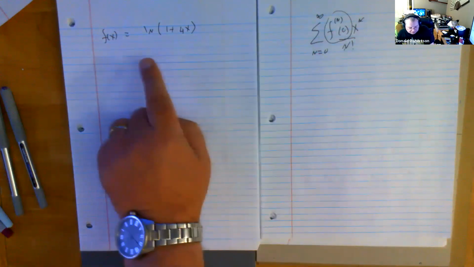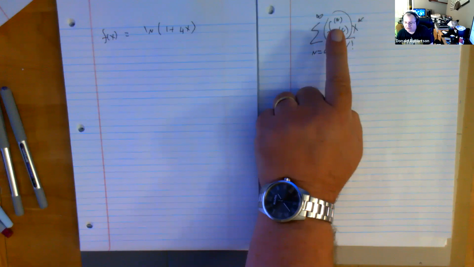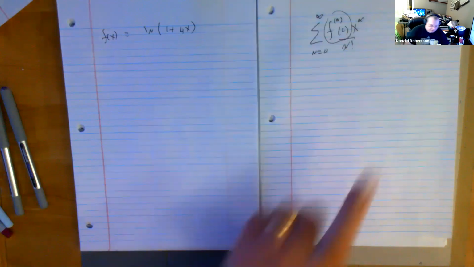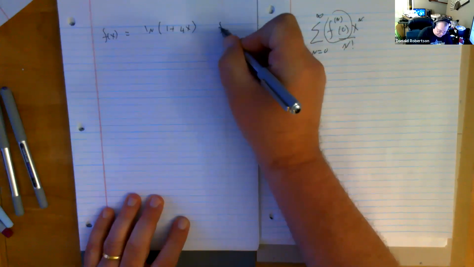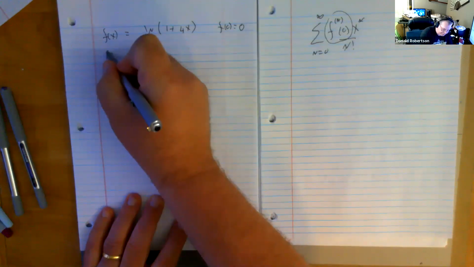So I'm going to take this guy and find the first, second, I don't know, as many derivatives as I need evaluated at 0 until I think I know what the nth derivative at 0 would be. And once I'm pretty sure I have a formula for the nth derivative at 0, I'll plug it in here and we're finished. So f of 0 is the log of 1, which is nothing. That's not much use to me.